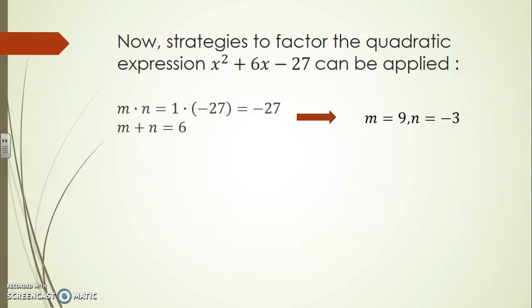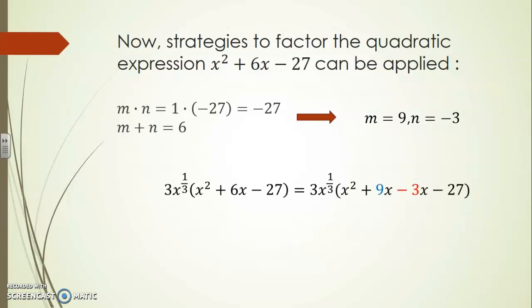Values that successfully match these criteria are m equals 9 and n equals minus 3, or the reverse. Obviously, m equals minus 3 and n equals 9 would also be acceptable. And we'll use 9 and minus 3 to factor the quadratic and then proceed by grouping.